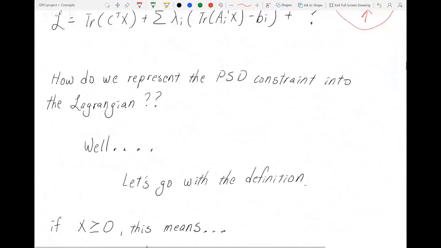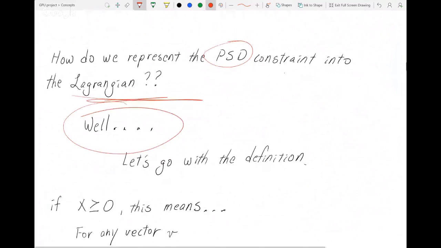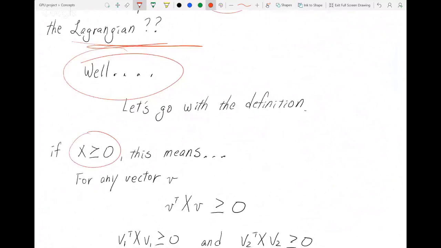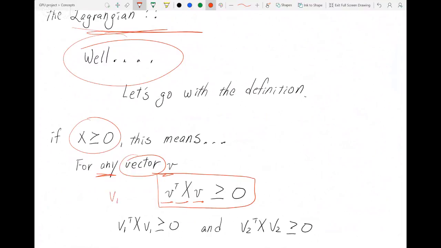How do we represent the positive semi-definite constraint in the Lagrangian? Let's go with the definition. What does positive semi-definite mean? It means that for any vector v, v transpose X v must be greater than or equal to 0. If we pick vector v1, for example, this must be greater than or equal to 0.